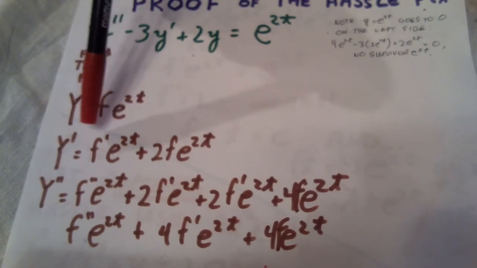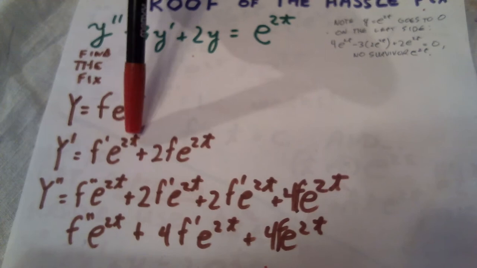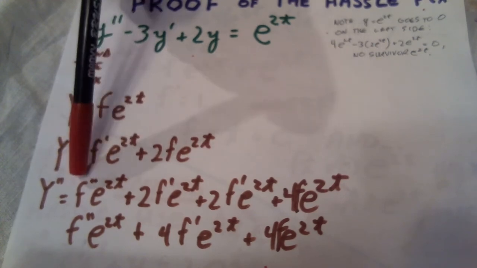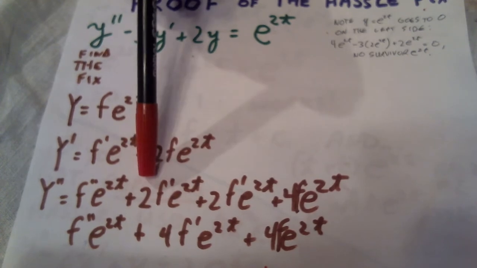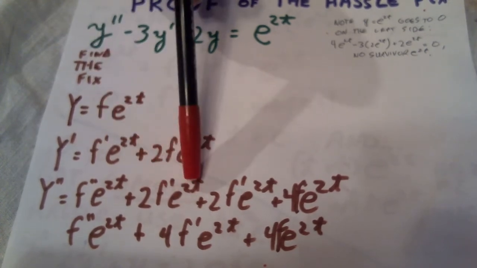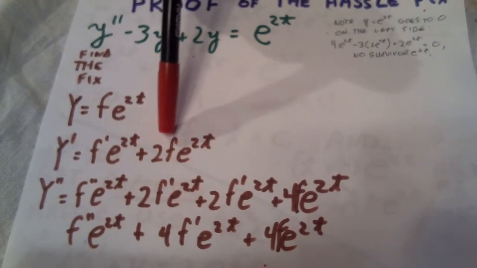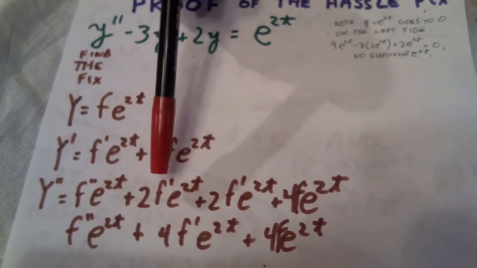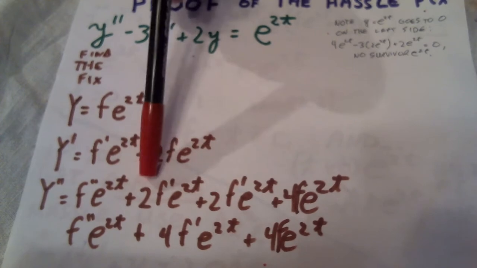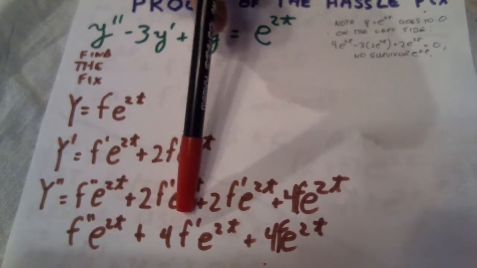When I take the derivative of this, I'm going to get an f double prime. I'm also going to get the derivative of e to the 2t, which will be a 2f prime e to the 2t. And then the first term is also going to be a 2f prime e to the 2t. So this always happens. You get a little match here, so you can always simplify like that.